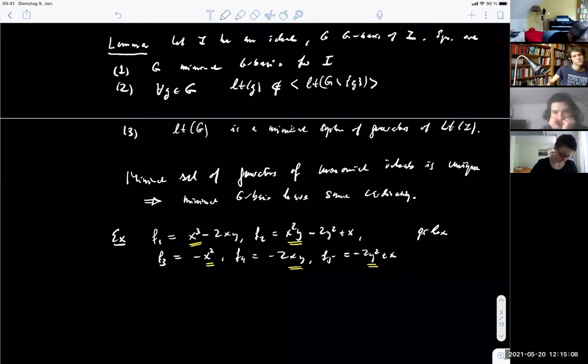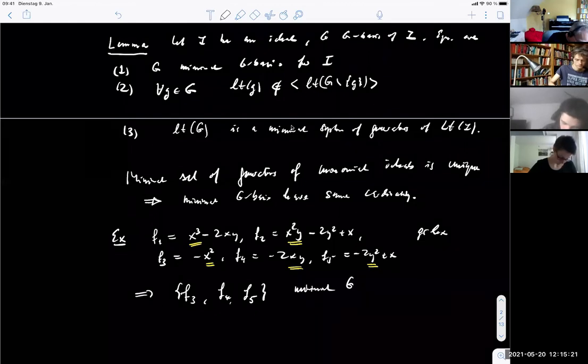So we see F3, F4, F5 is a minimal Gröbner basis. If I have x squared, xy, y squared, I need all of these three terms. As soon as I remove one of them, I will get something smaller. So this is a minimal Gröbner basis.